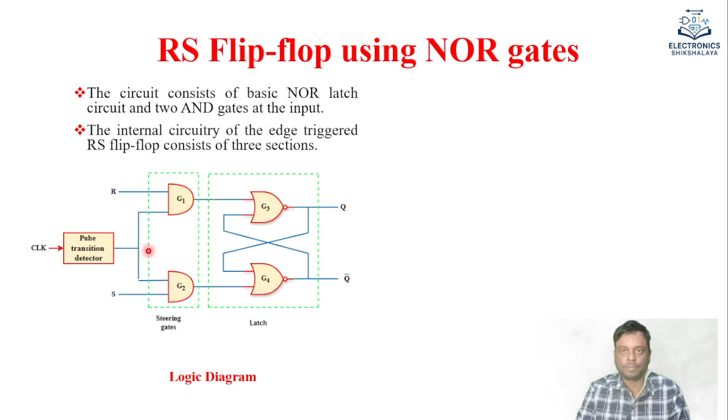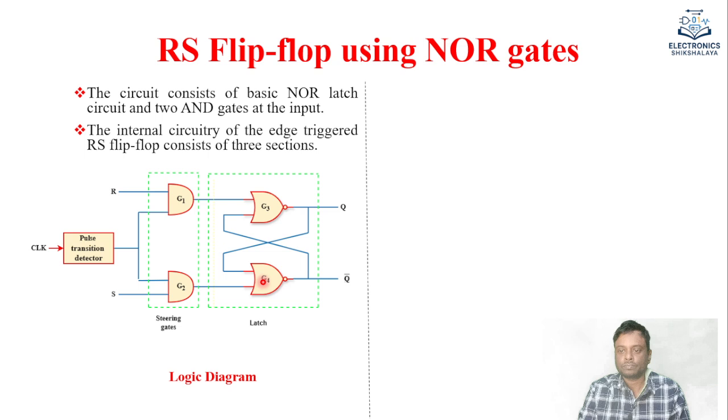Flip-flops are actually edge triggered devices, which is why it detects the edge of the clock. The steering gates control the flow of data into the latches depending upon the clock and the R and S inputs. The latch is used to store the information. These are the three sections of the RS flip-flop.